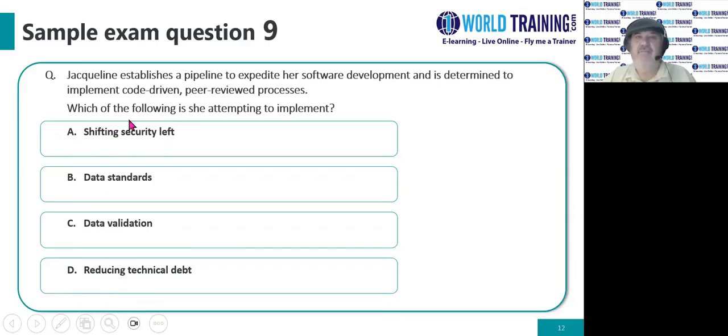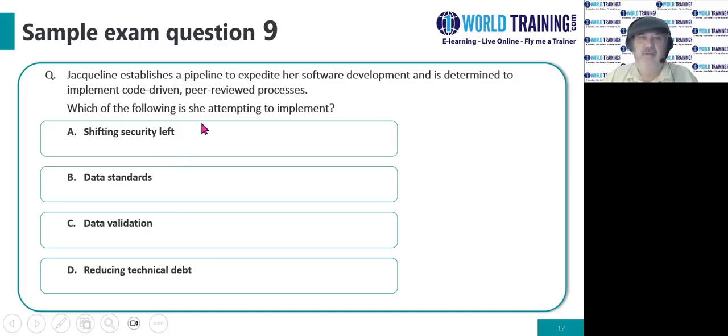The peer reviews in and of themselves don't shift security left. Data standards. No, that would be more like what she uses to do the reviews, but not that. Okay, data validation. It is a form of data validation. And reducing technical debt, nothing to do much with that.